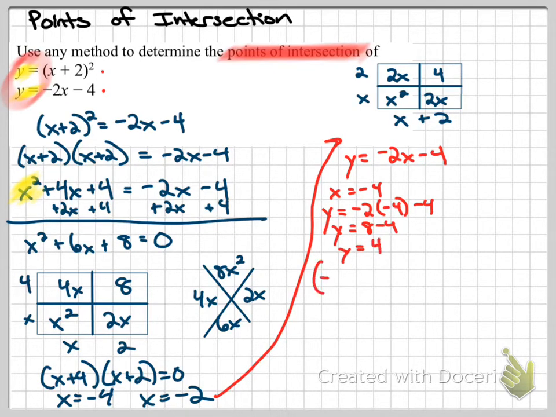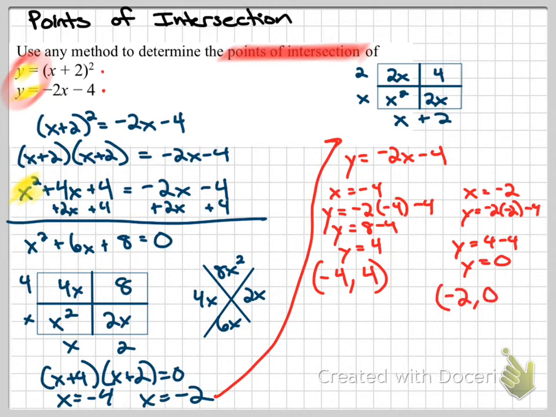So one point is negative 4, 4. Do the same thing with your other x value. That gives me y equals 0. So the other point of intersection is negative 2, 0. These are our 2 points of intersection for this system.